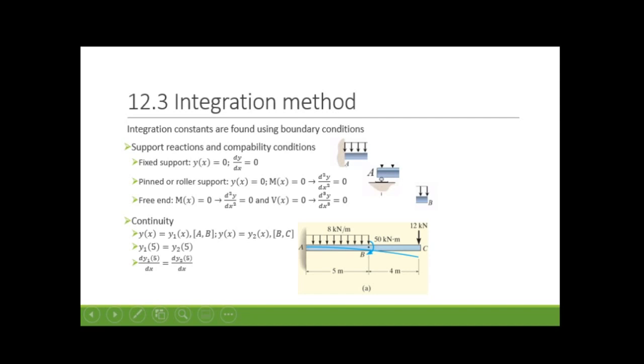Don't forget this: although our moment function is not continuous and we can obtain different y functions, these y functions should always be continuous. That's why we are talking about continuity. For example, at point B, whether we look from the left side or the right side, it doesn't matter. The slope and deflection of these beams should be equal.